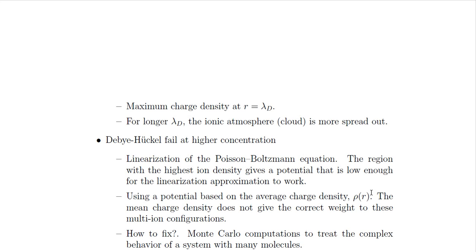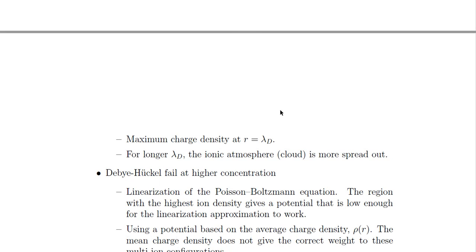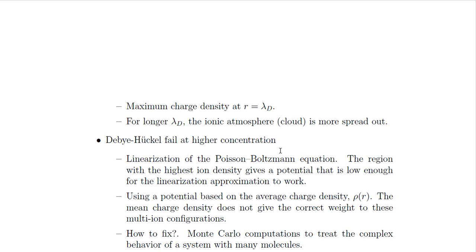The maximum charge density is at r equal to lambda D from this equation, and for longer lambda D the atmospheric cloud is more spread out. So we have this distribution of the ions.